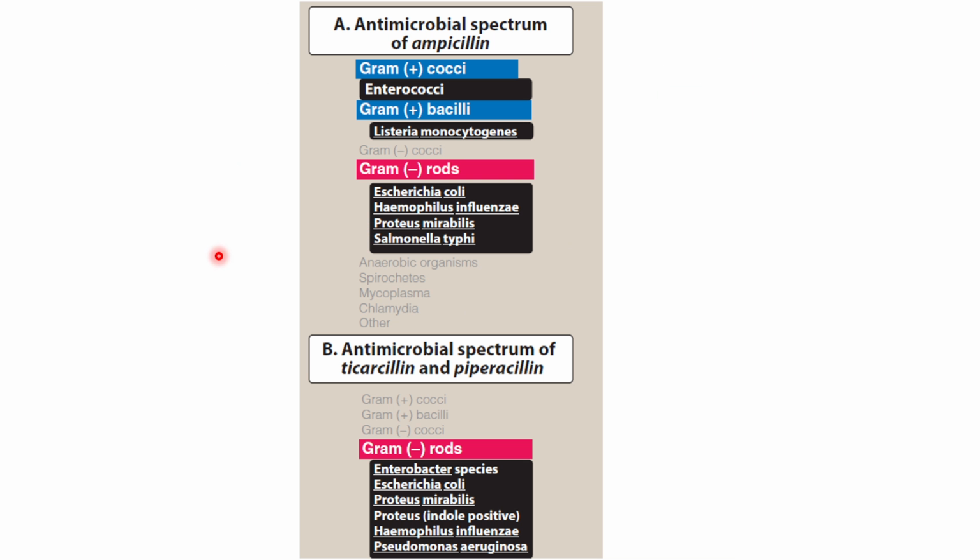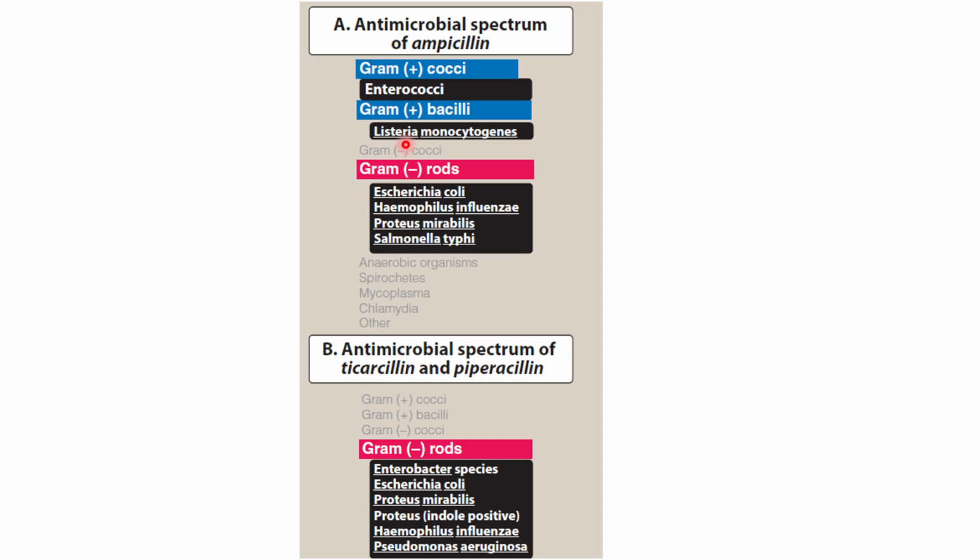For example, ampicillin and amoxicillin are considered broad spectrum, extended spectrum antibiotics, and additionally they cover enterococci, that is also gram-positive, and Listeria monocytogenes. Listeria will lead to listeriosis, and enterococci will lead to intestine disease, so GI disease.